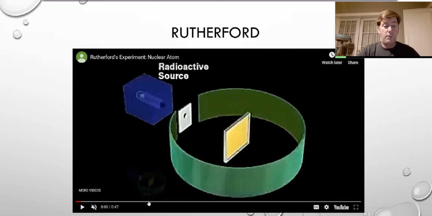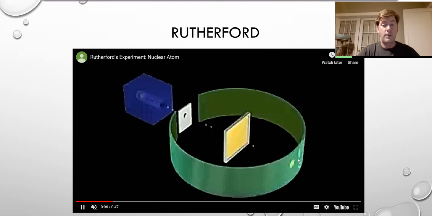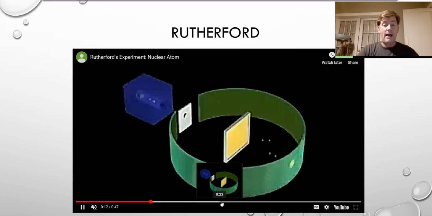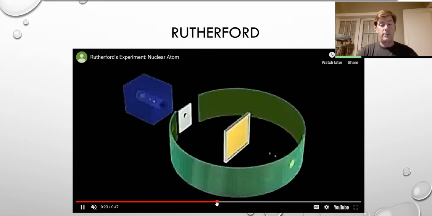So when they had the particles colliding through, you see that most of them are going straight through, there's a few that deflect over to the sides, and some deflecting back. So that was super surprising to them.